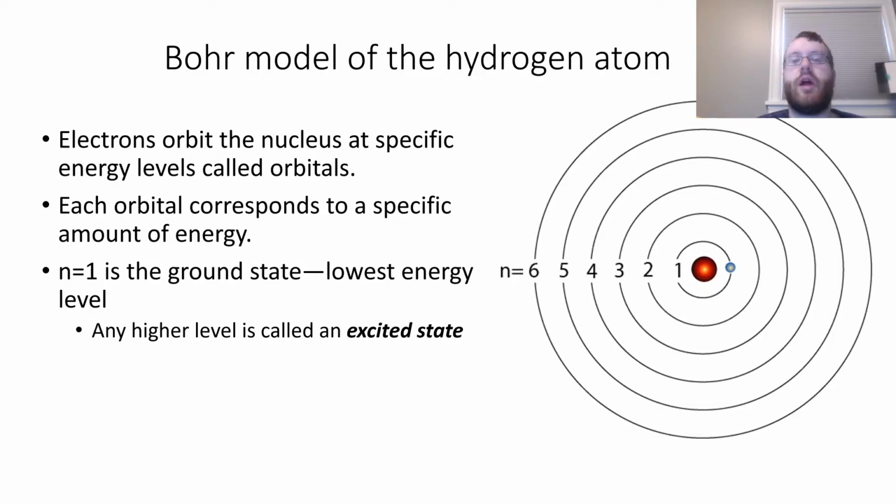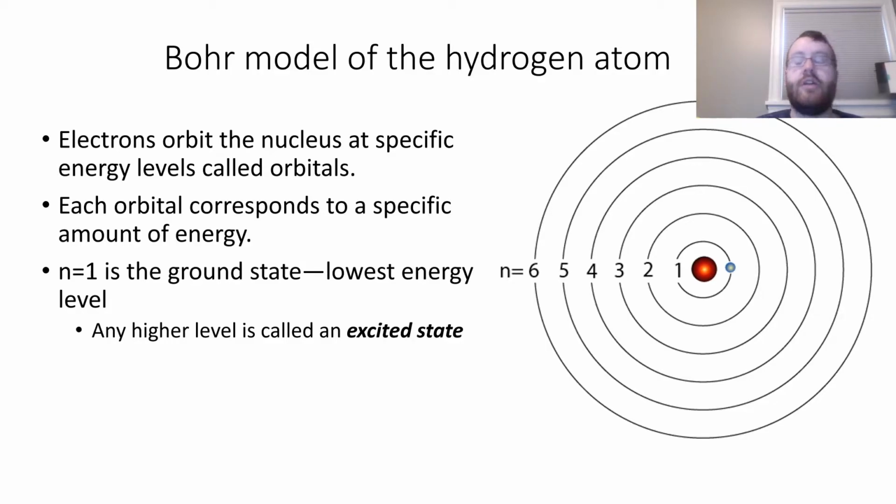However, he knew it was a good approximation and that it would move science forward. So he put it out there, and then of course shortly after, the wave mechanical model became the correct model of the atom. But the Bohr model still is very useful in how it allows us to predict exactly what's going on inside of an atom.